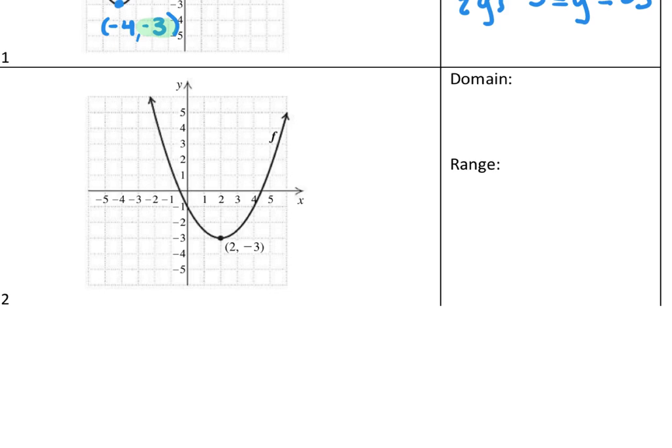And when we look at these arrows, remember domain is left and right. This arrow goes forever to the left. Remember, we are on the negative side of our x-axis, which means that this goes forever towards -infinity. Okay, we want to know how far to the right does this thing go.